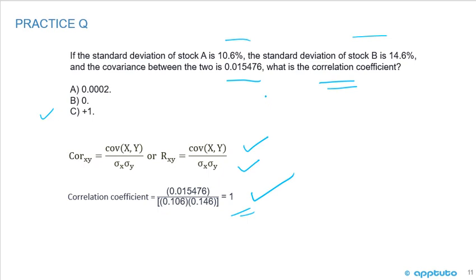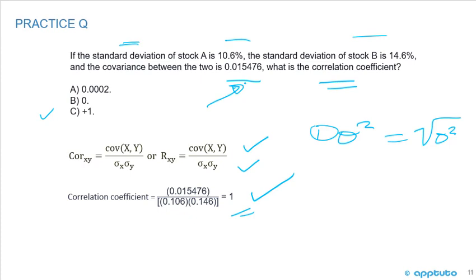Now the only thing to be wary of is that here they gave us the standard deviations. Of course they could give us the variances. So to get the standard deviation, you would take the square root of the variance. That's number one. You always have to be looking at what they are giving you, standard deviation or variance. Number two, this is one thing that they like to do. They like to combine percentages with decimals.